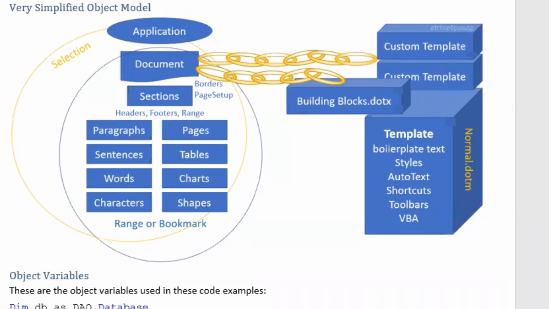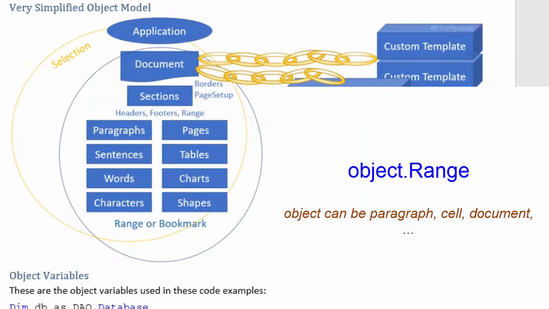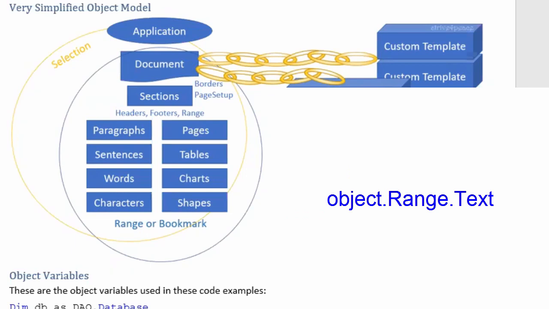Range, however, has a couple different ways to look at it. One way to look at it is a range that has one character, many characters, many pages, just a bunch of stuff. Another way to look at it is when you go inside a paragraph, for instance, to the text, you're actually going to the range and then the text.